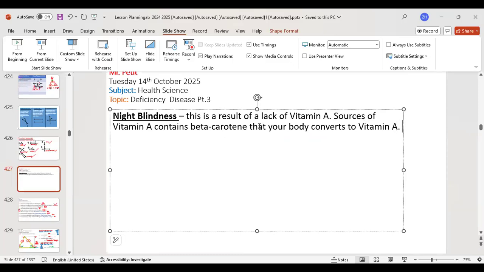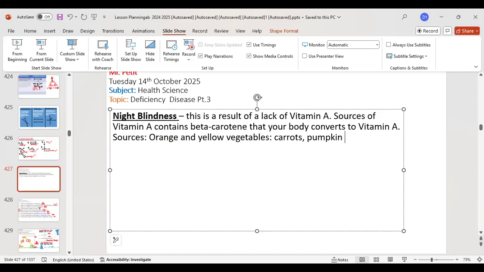So sources would obviously be your orange and yellow vegetables. When you say yellow vegetables, do you mean like the yellow peppers? I don't know if the peppers count, but I know for sure carrots, pumpkin, and sweet potato count.